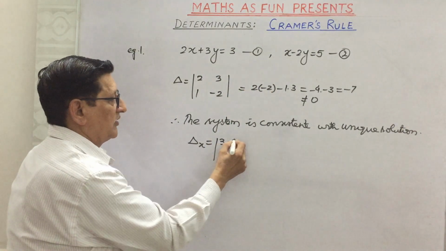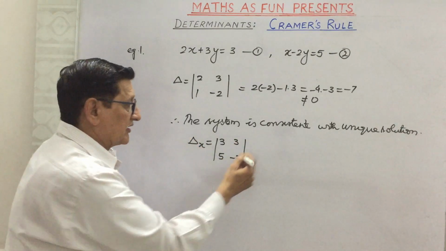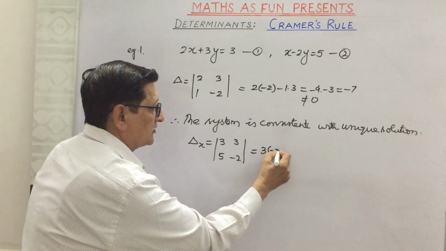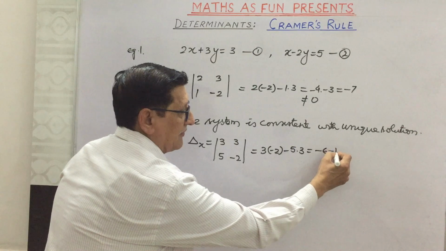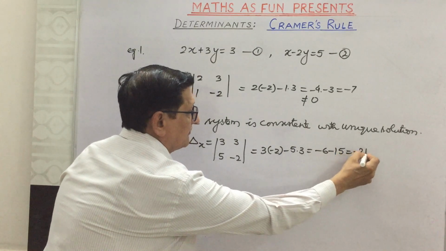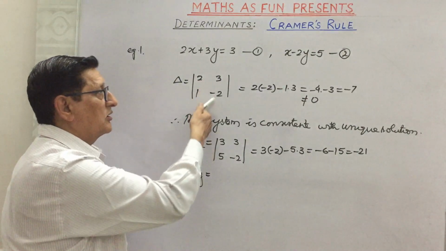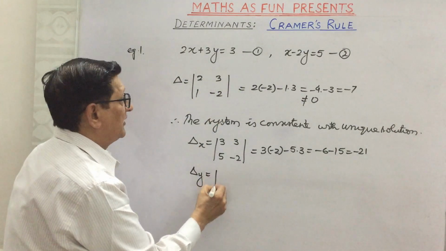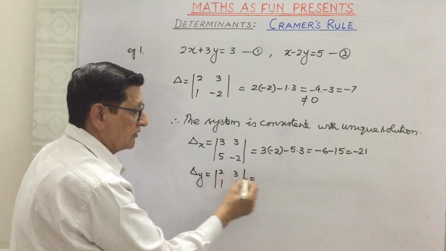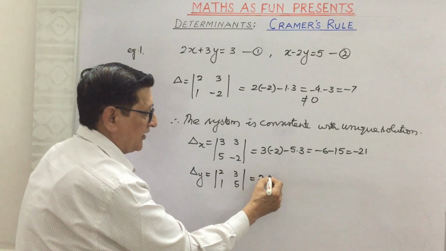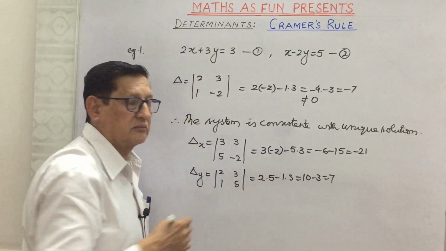So 3, 5, 3, minus 2, this is delta x. Finding the value, 3 into minus 2 minus 5 into 3, this is minus 6 minus 15, or we can say minus 21. Delta y, replacing the second column by the constants, so it will be 2, 1, 3, 5. Calculating the value, 2 into 5 minus 1 into 3, 10 minus 3, that is 7.